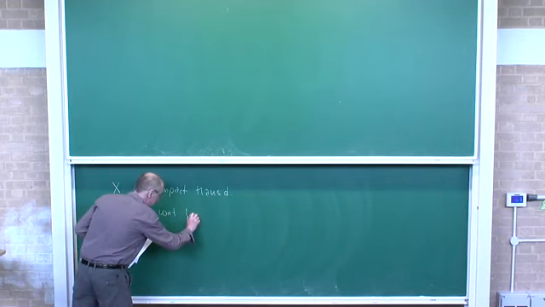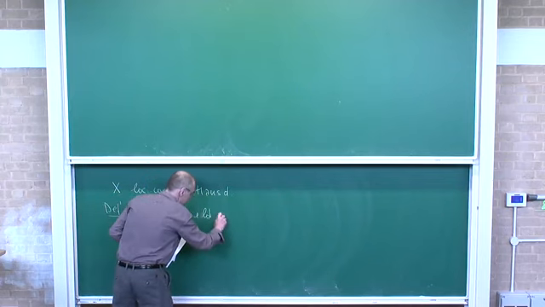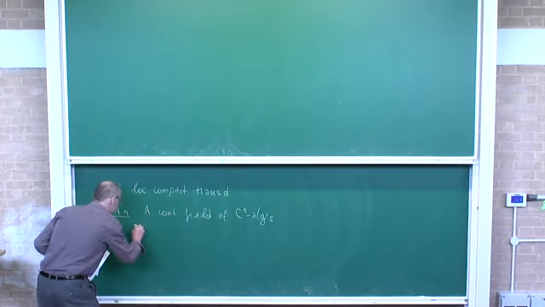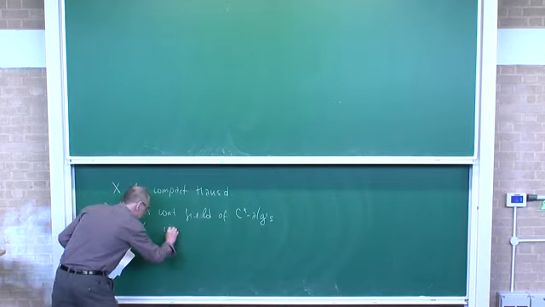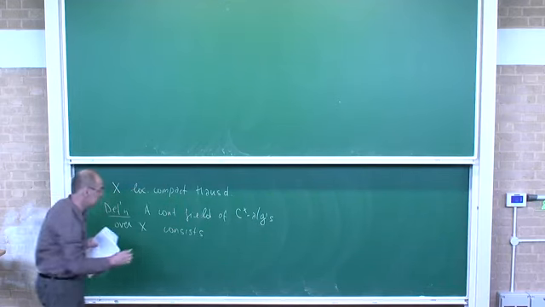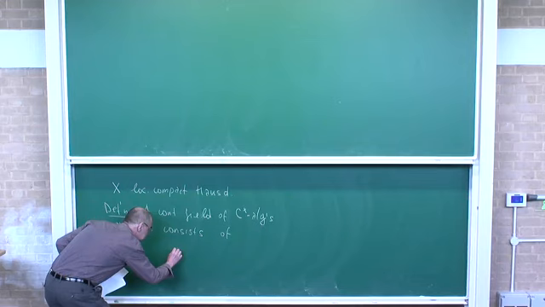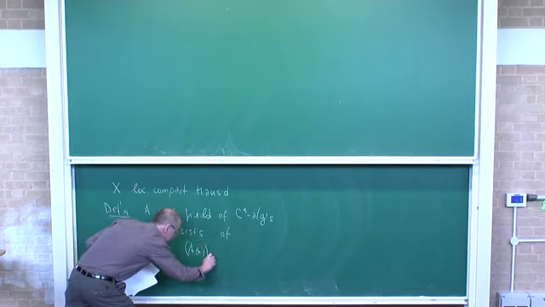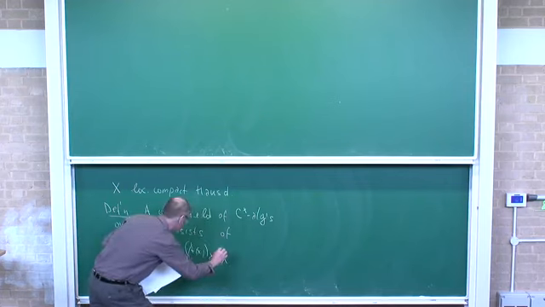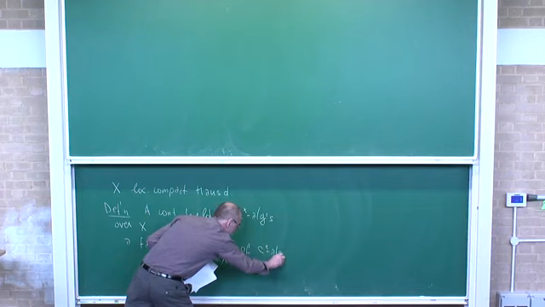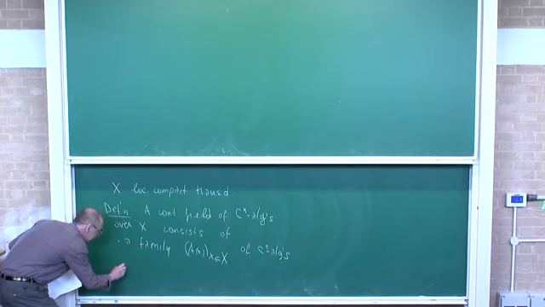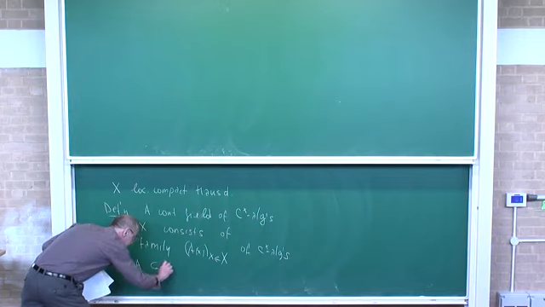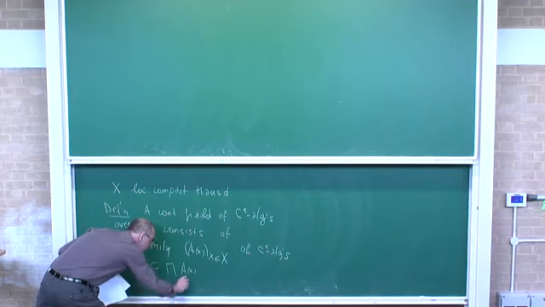A continuous field of C-star algebras over the space X consists, first, of a family of C-star algebras parametrized by X. And then we specify a C-star subalgebra A of the C-star algebra which is the infinite direct product of these algebras.